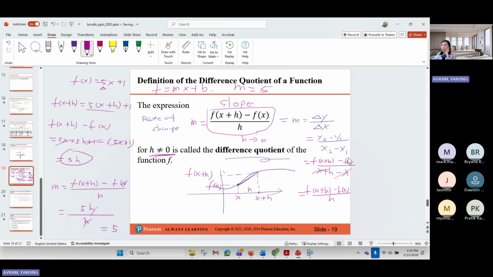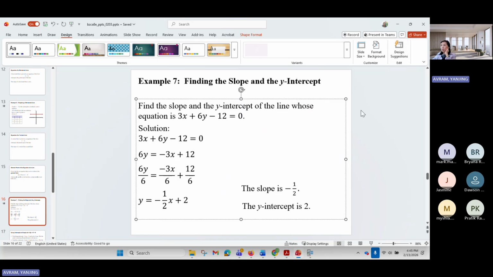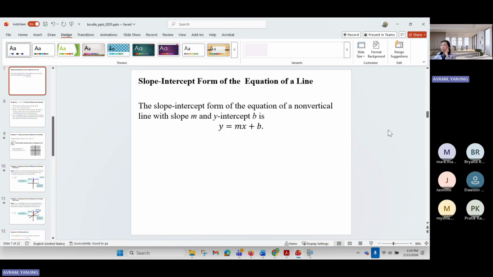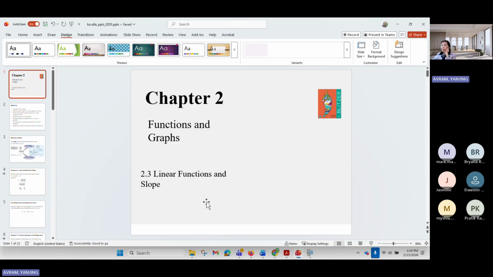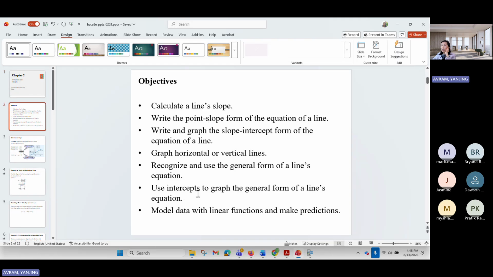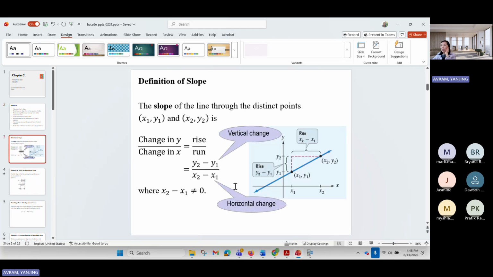All right, so that is basically our second section already. Look at our section, which is linear equations and slope, which we just did a little bit of. You need to be able to find a slope, points, and then the horizontal line, vertical line, right? We have a slope formula, which I just did earlier, right?